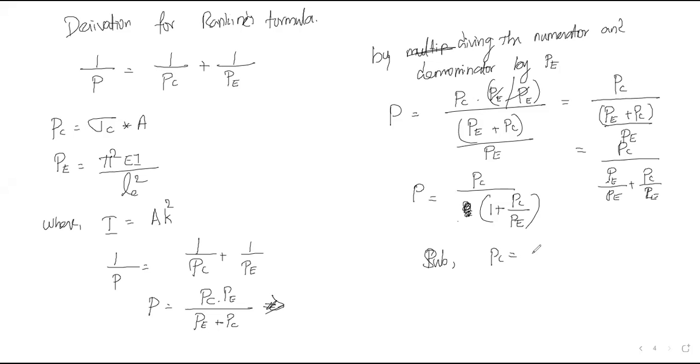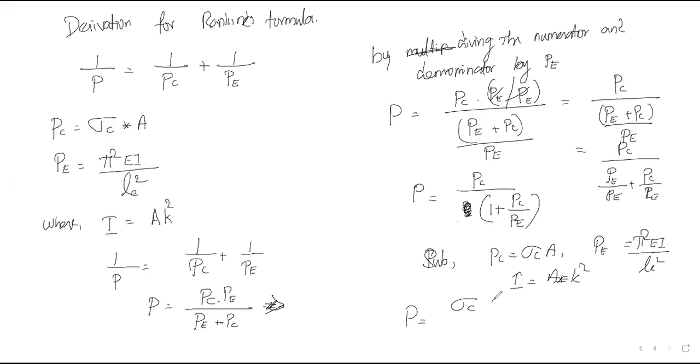PC is equal to sigma C into A, and PE becomes pi squared EI by LE squared, and I is equal to A into K squared. So that we are going to substitute.